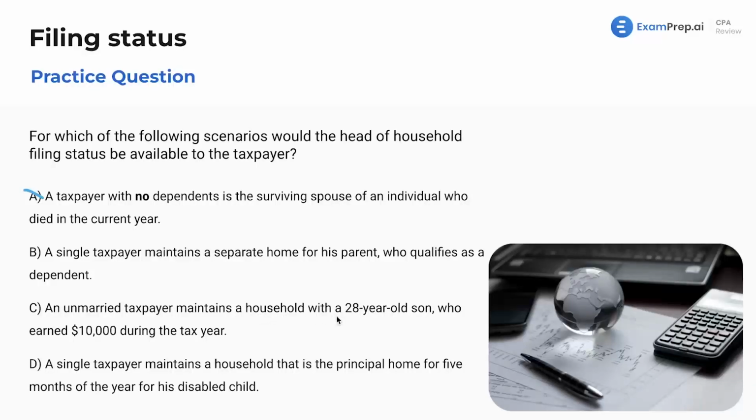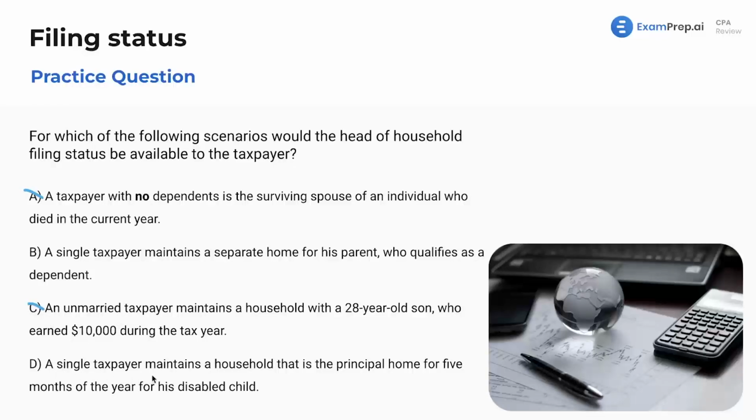Now, in this case, the son is above the age of 18 and earned more than the required amount. There's nothing here indicating that this person has disabilities. They even mention in another example that there's a disabled child. If this person was disabled, then it would be a different story. We know that person would be a dependent. But in this case, not going to be a possibility.